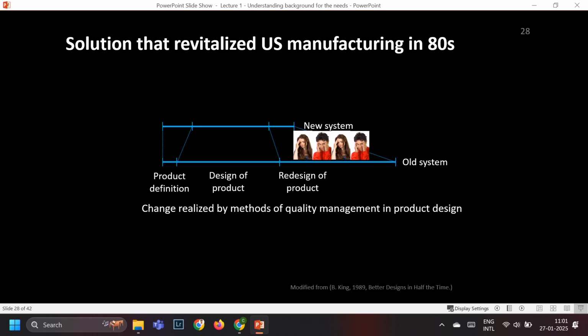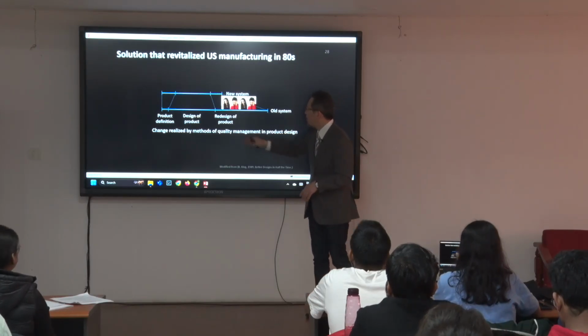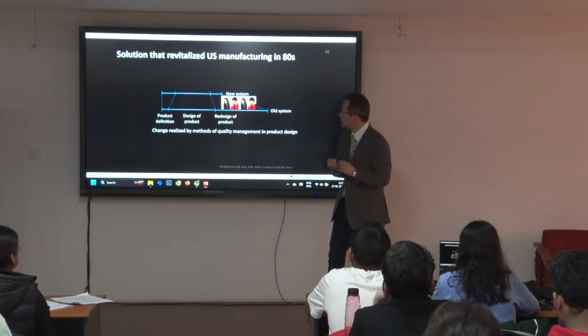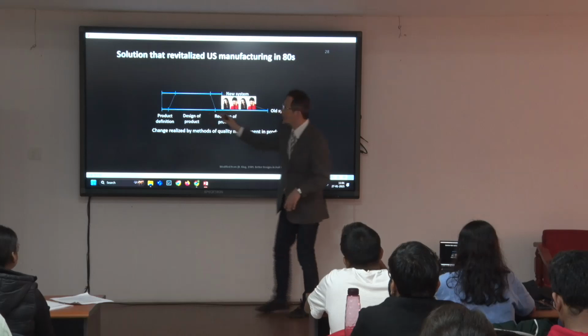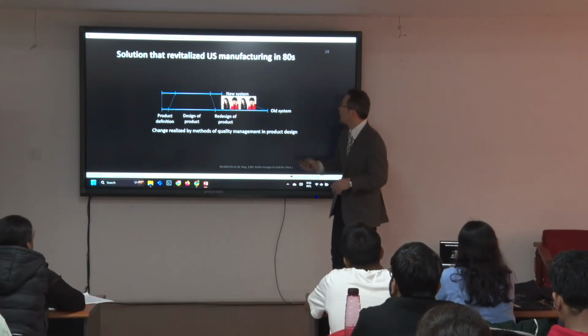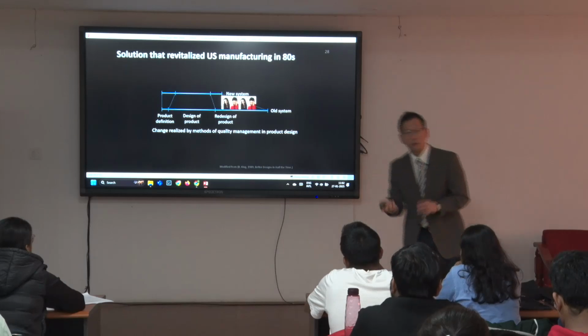And if I describe the changes realized in the US at the time, it is this: in the older system in the US, they spent more time in redesigning of products. But after learning methods, especially quality management, they spent a bit more time in the early phase, and thereby they succeeded in reducing the total lead time for the product development.